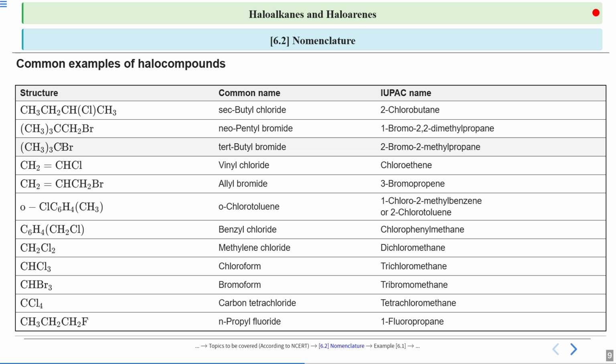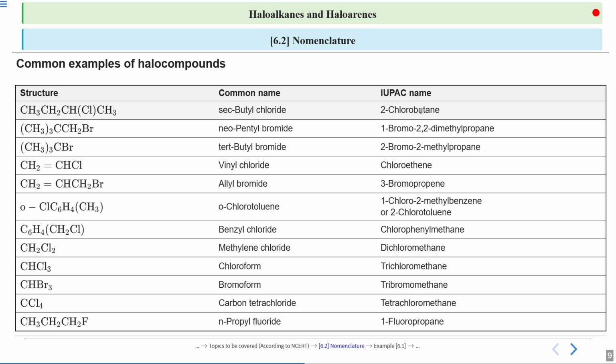Similarly, the next structure is (CH3)3CBr. This is tert-butyl bromide, tertiary butyl bromide. The bromine is present on the carbon which is connected with three other carbons. We have four carbons in this structure.